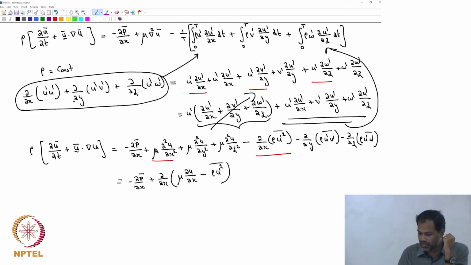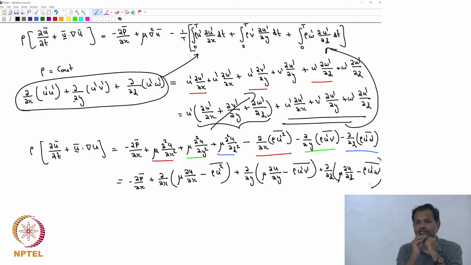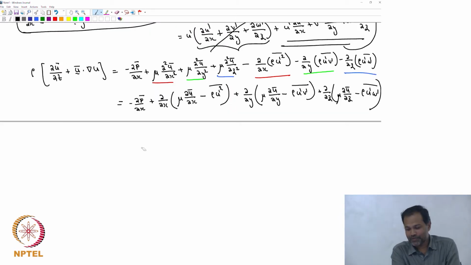I'm going to combine that and that to get plus del by del y of mu dou u by dou y minus rho u prime v prime averaged. I'm going to combine that and that to get plus del by del z of mu dou u by dou z minus rho u prime w prime averaged. That's okay?